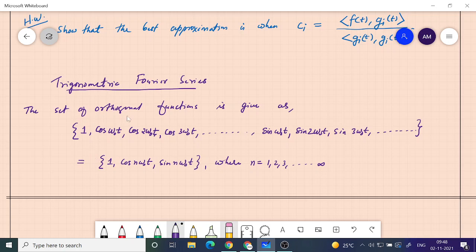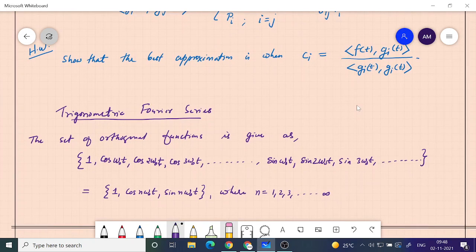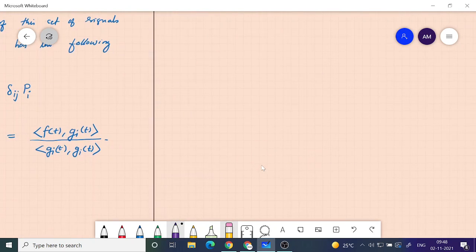We are now going to apply the theory that we have derived. Now we are looking at periodic signals.